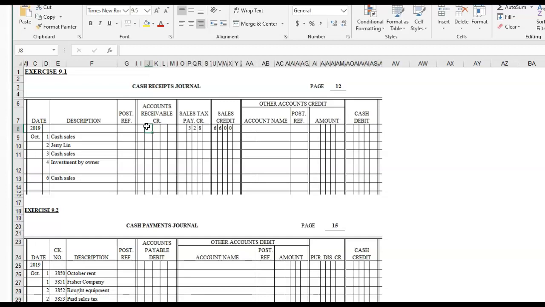And we have also cash short and over of $12. That's going to be the account name here. Cash short and over. Yeah, that doesn't make it easy to type in there, does it?